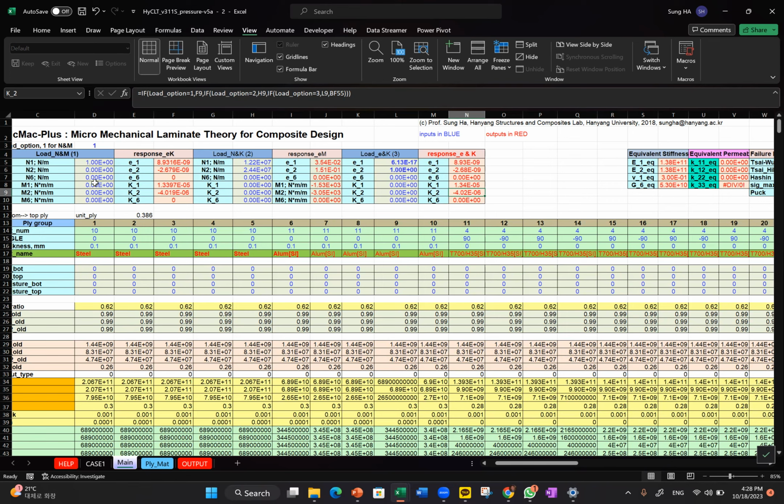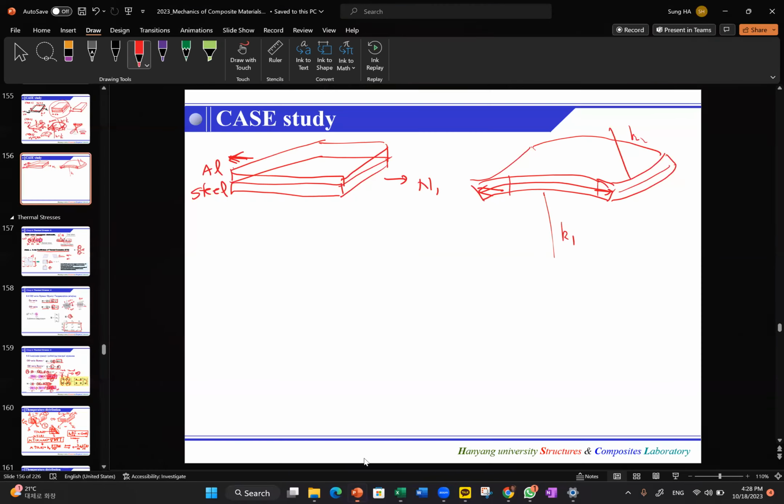even under in-plane load. Of course, if we apply a bending moment, for this one, what will happen? Can you imagine that? This is the bending like this.